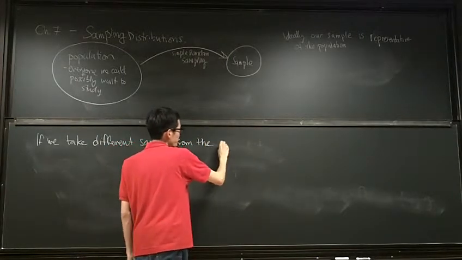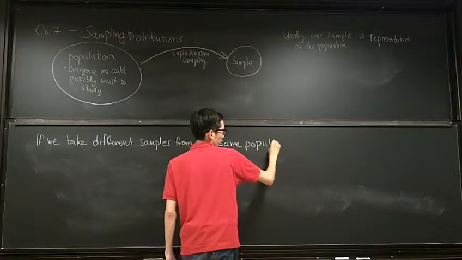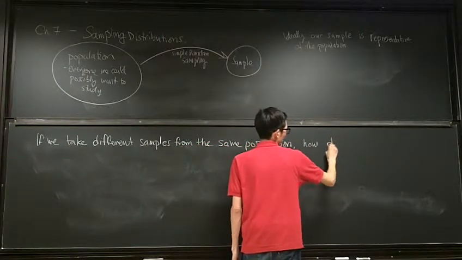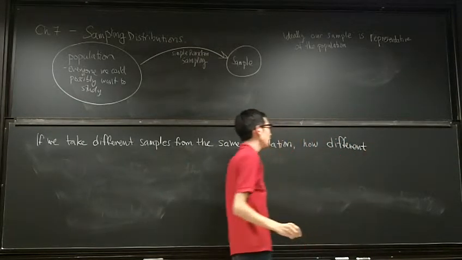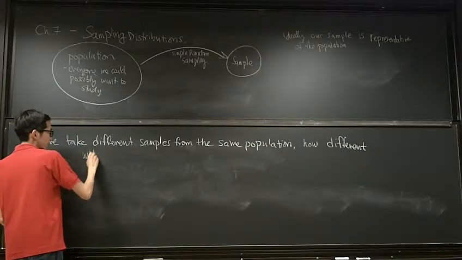So if we take different samples from the same population, how different will the samples be from one another?